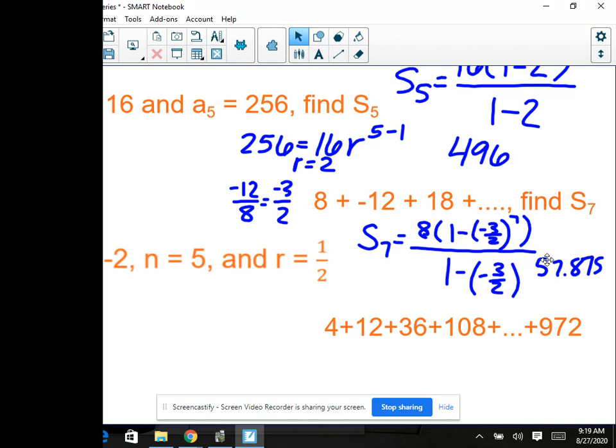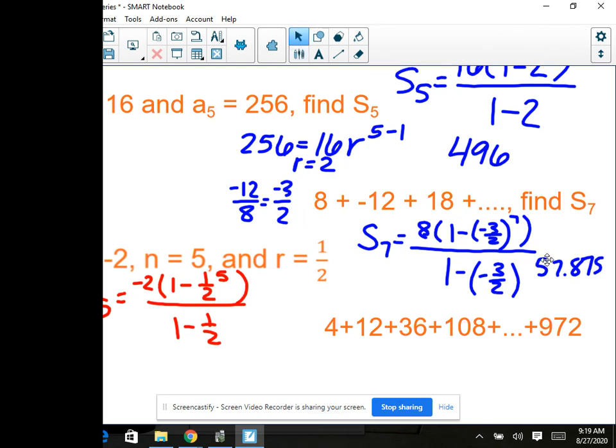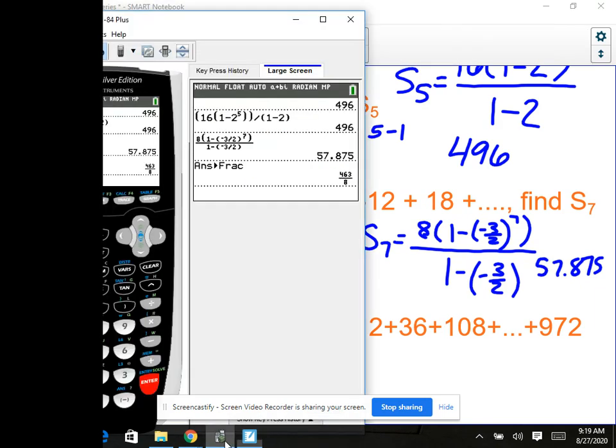Okay. The next one, we have our first term. We have what n equals, and we have our common ratio. Again, another situation where you say thank you and move on. Okay. So if I have S sub 5, I have my first term. I have 1/2 raised to the 5th power, all over 1 minus 1/2. Then it just becomes, can you plug it into the calculator correctly?